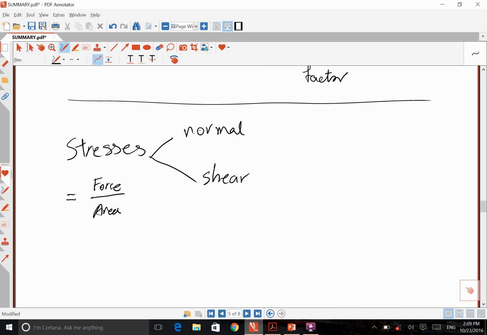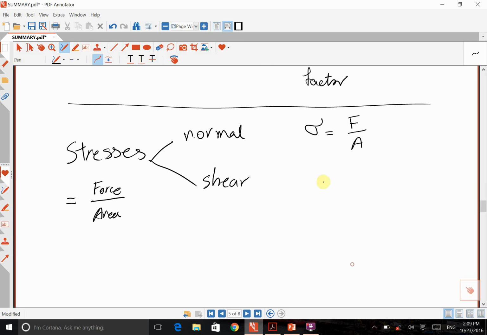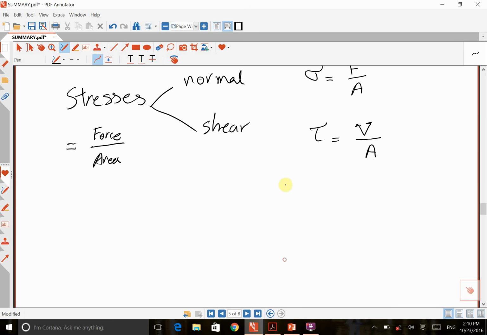Normal stress, which we show with sigma, is when the load is axial. For shear stress, the load is not perpendicular to the cross section, it is parallel to the cross section and acting on the specimen like that. Okay, we don't have any problems at this point.